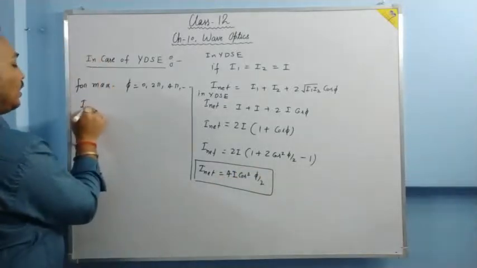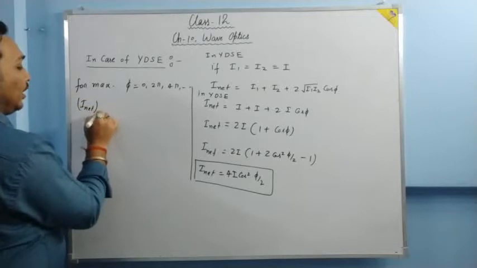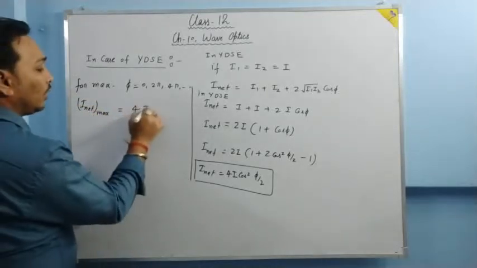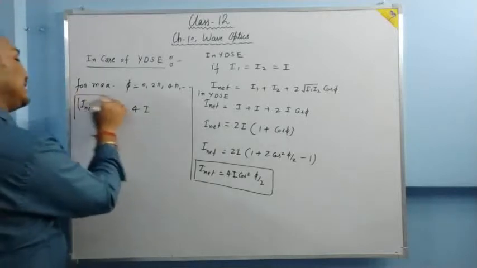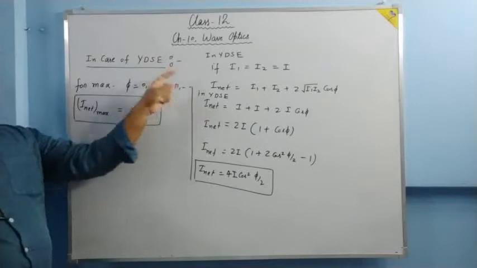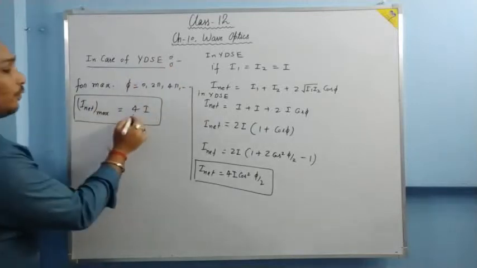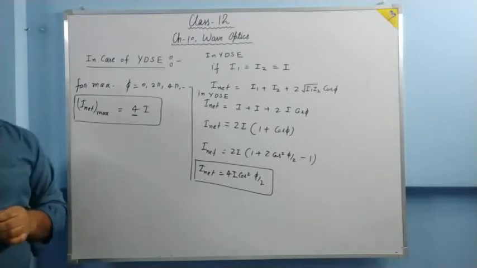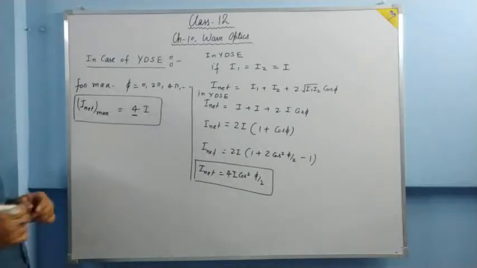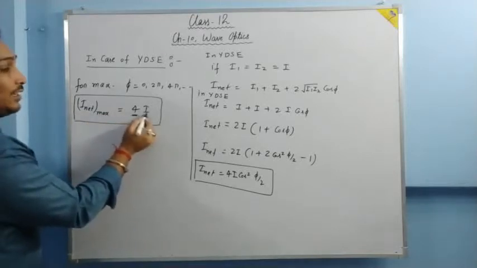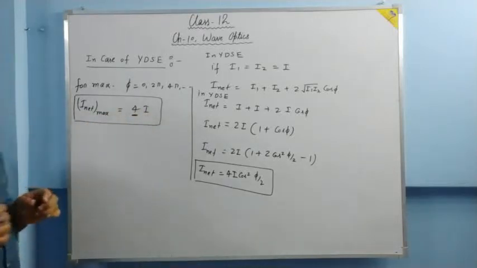Then I net at maximum is equal to 4I. Means intensity at maxima in case of Young's double slit experiment is 4 times the intensity coming from one slit. Is it clear? The intensity at maxima is equal to 4 times the intensity of the wave coming from one slit.